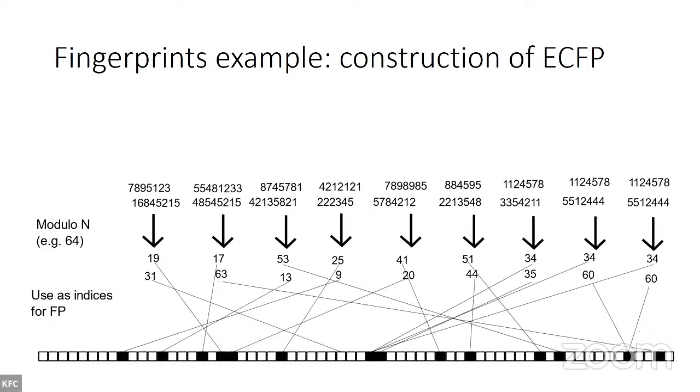This is simply the index, so we just turn on a bit. If that number is in there, let's say 9 is in there, for example, then we turn on bit number 9. If we fold this number, we get 19, this means we turn on bit 19. And with this in hand, we have our ECFP, our extended connectivity fingerprint, ready for doing our modeling.